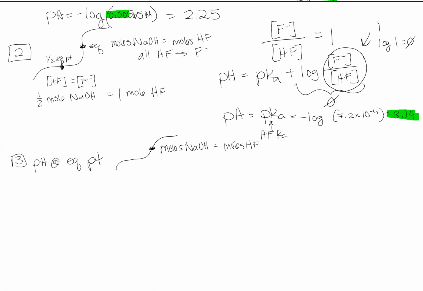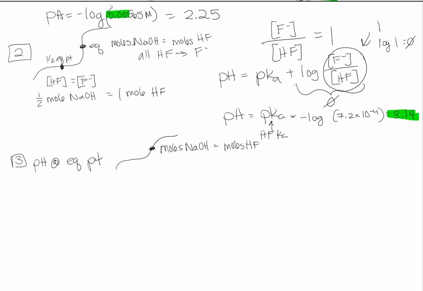So for this one, we're going to need to figure out exactly how many moles we've actually added of our base, so that way we can determine how many moles of hydrofluoric acid were present in our solution to begin with.